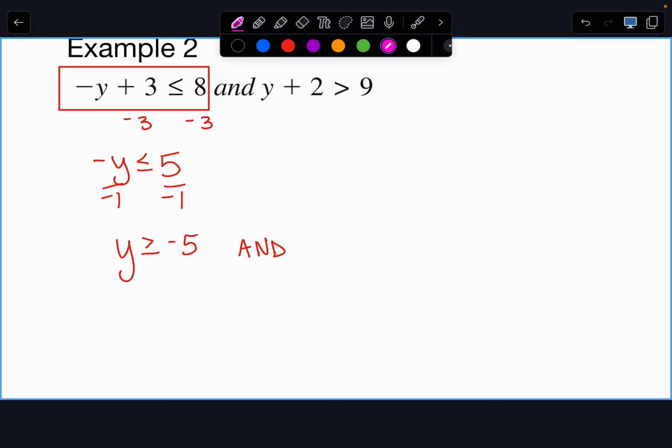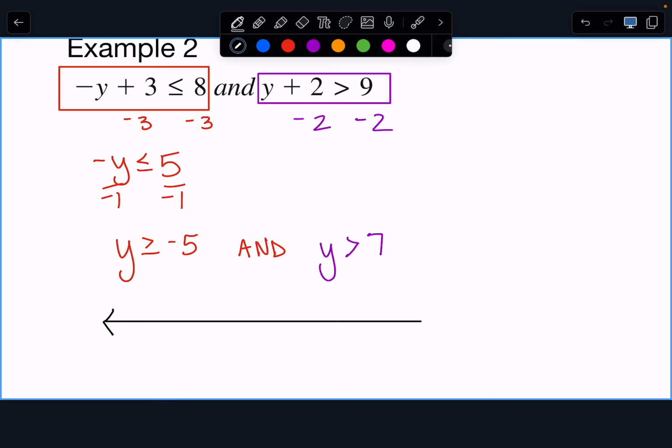Okay, and if we look at this purple inequality, what do we need to do to both sides? So y is greater than 7. Okay.